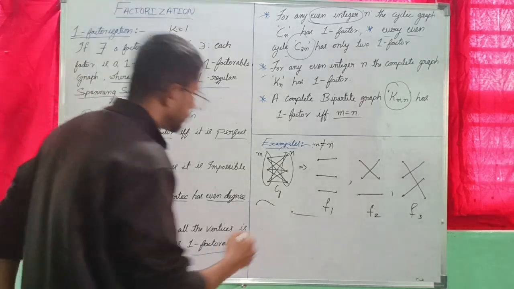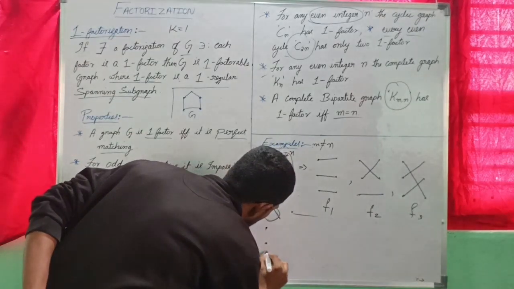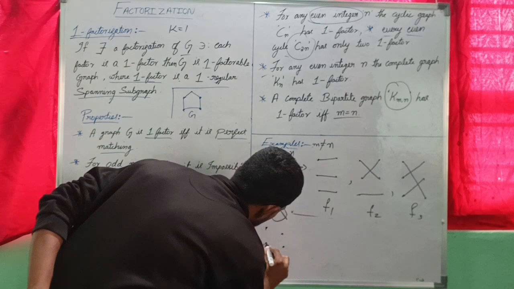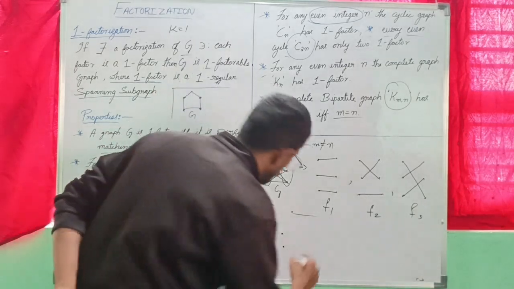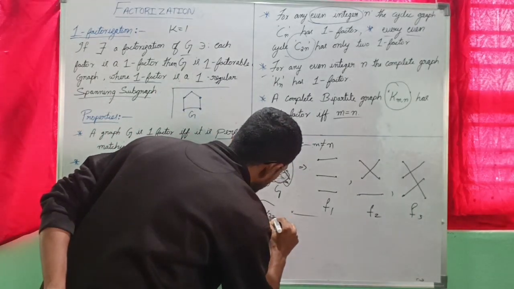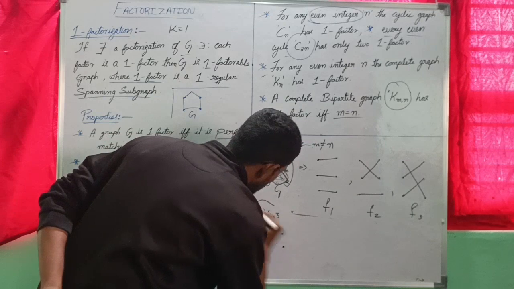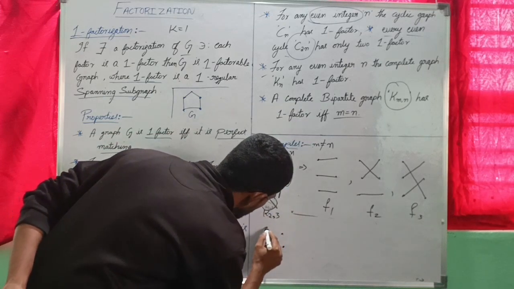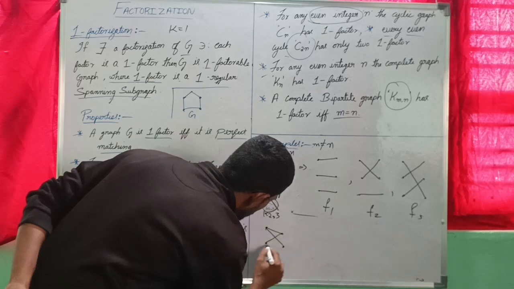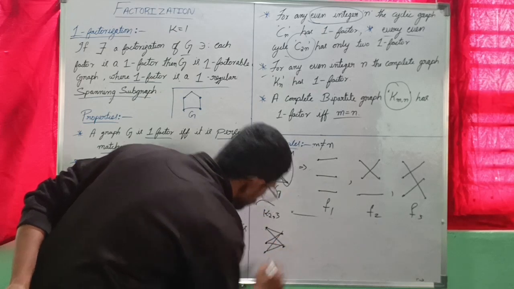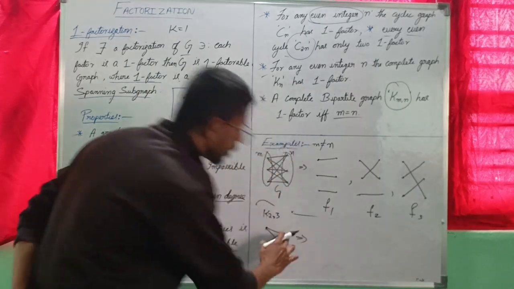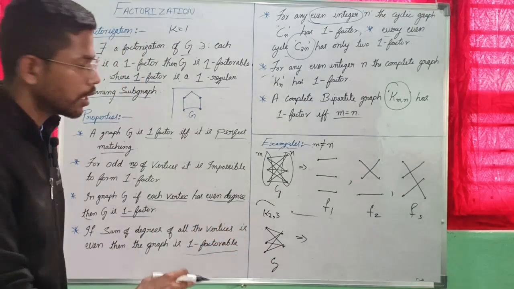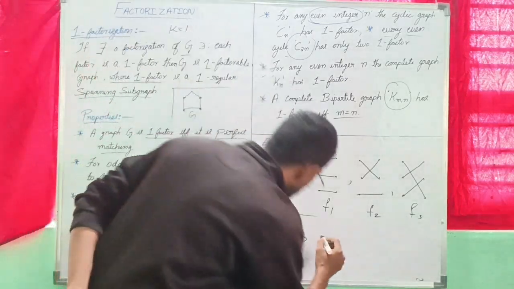I will take m equals 3 and n equals 2, so K2,3. For K2,3, I will draw a complete bipartite graph. I will take it as G.